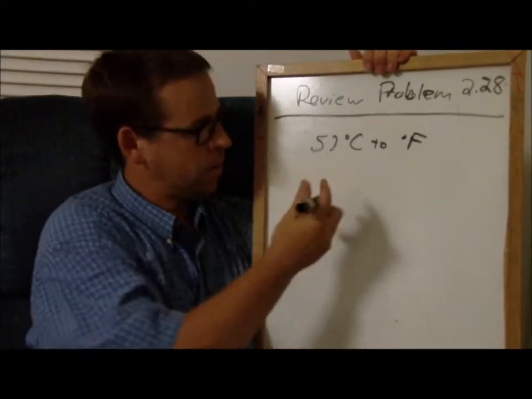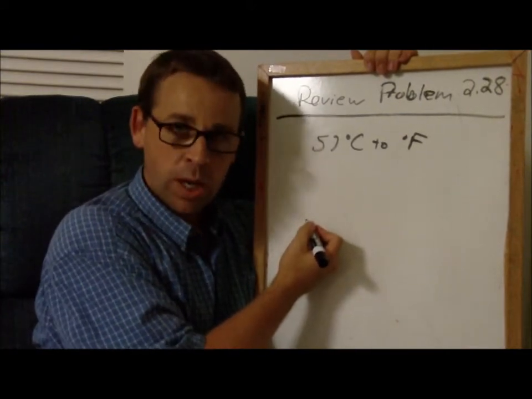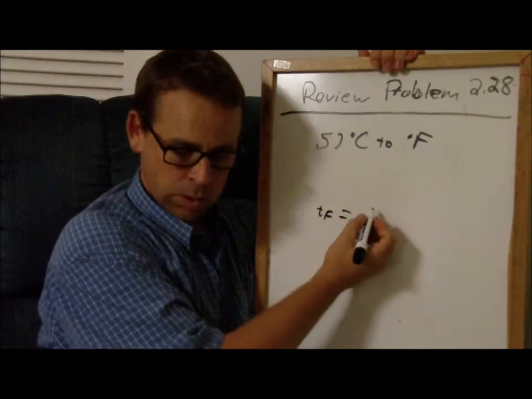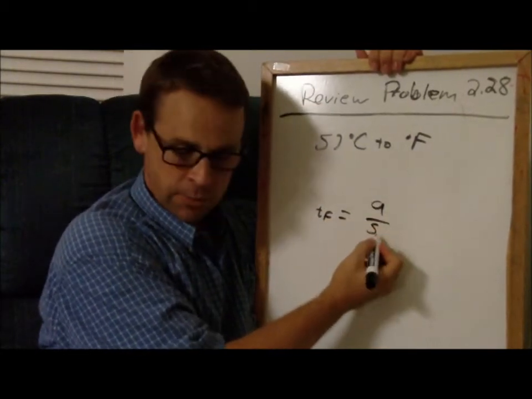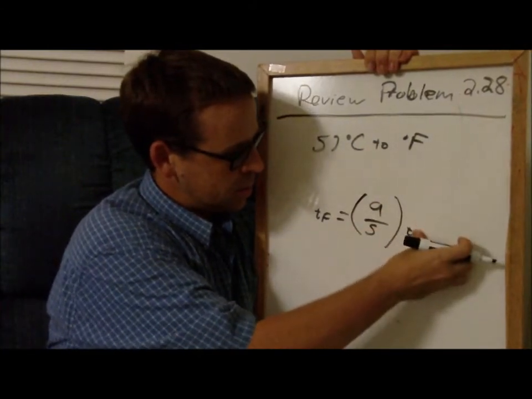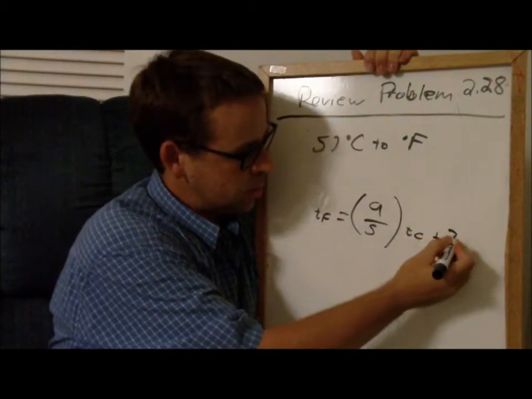We have an equation: temperature in Fahrenheit equals 9/5 times temperature in Celsius plus 32.